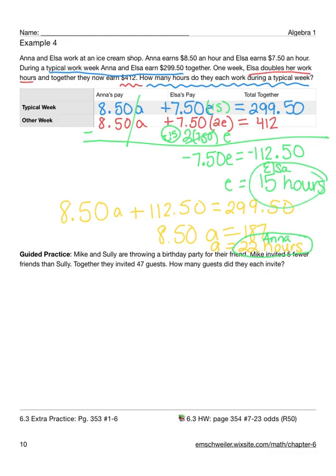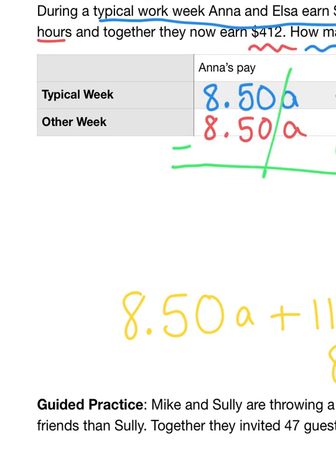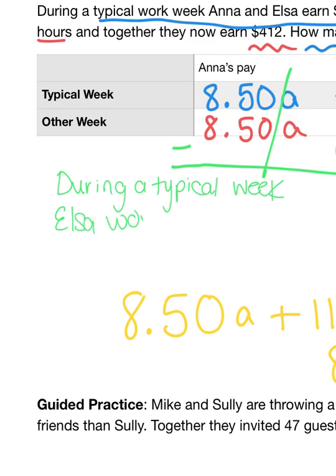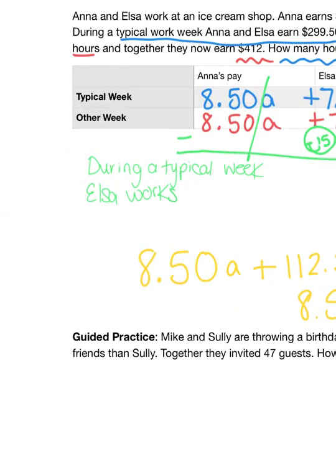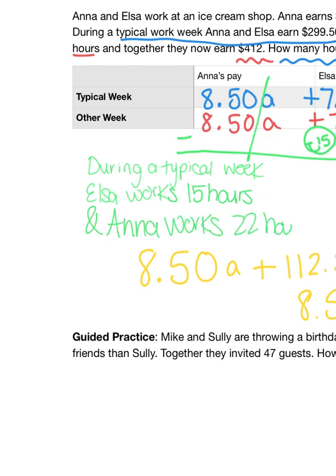You could even write it out in a sentence to be very clear that during a typical week, Elsa works, and hers was 15. And Anna works 22 hours.